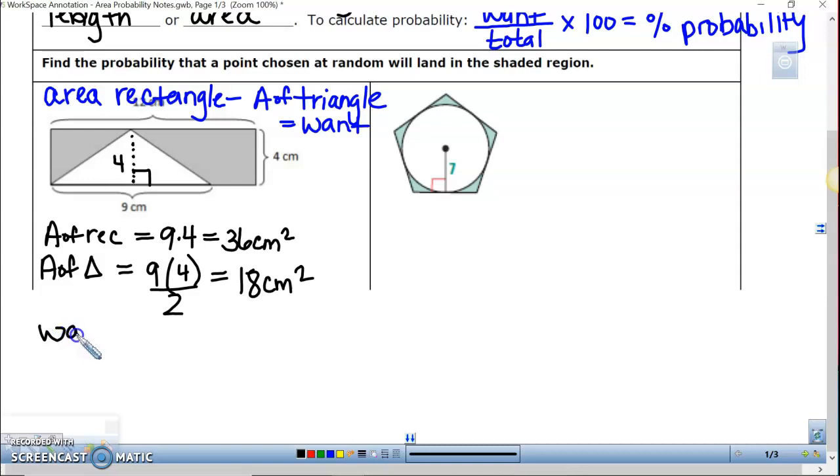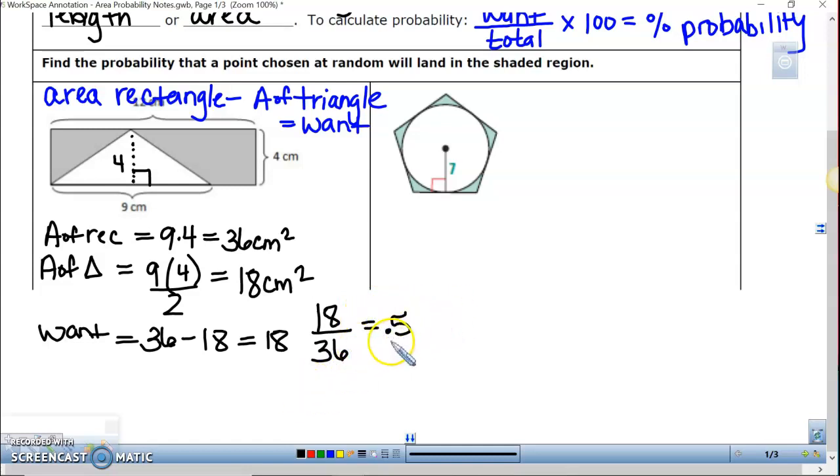So to get what we want, we take the area of the rectangle and subtract out the area of the triangle, and we get 18. So we have 18 out of the total, which is 36. If we divide that, we get 0.5. We multiply that by 100, and the chances here happen to be 50%.